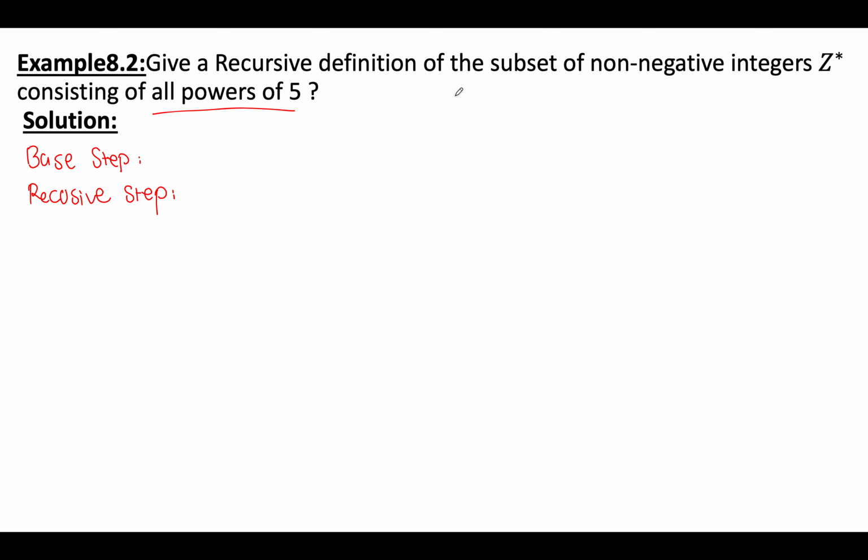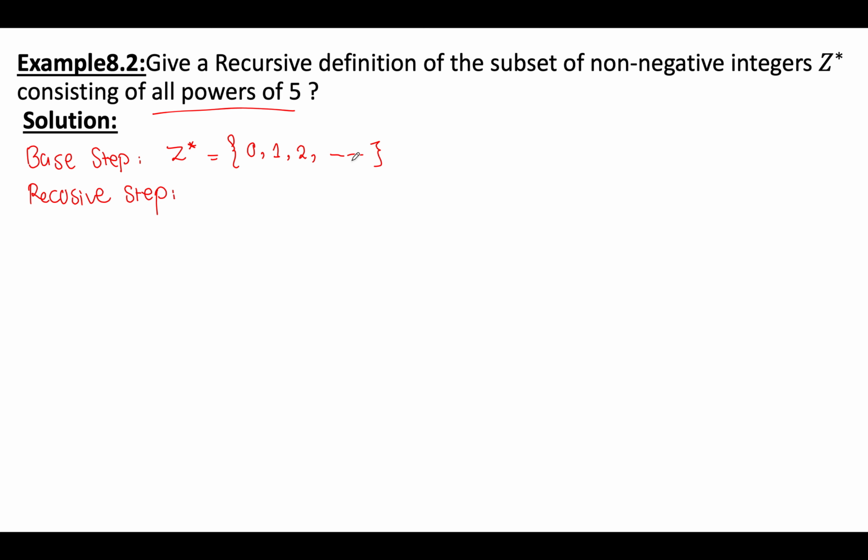So here in the base step, we know that all of Z plus is included in this definition, and Z plus is equal to 0, 1, 2, and so on. This is the base step, which in the previous definition was the initial condition.